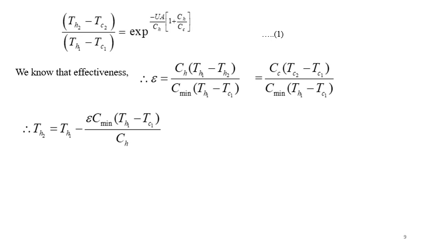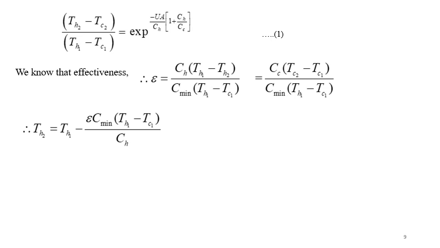Therefore Th2 is equal to Th1 minus effectiveness into C minimum into (Th1 minus Tc1) divided by Ch, as Ch goes to the denominator.